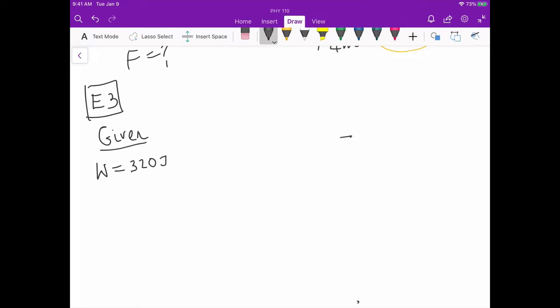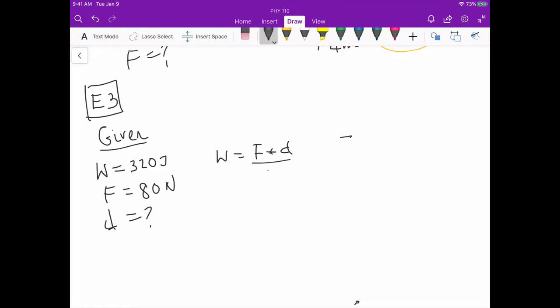To move, so the force applied, again the force is parallel to the distance. Now how much distance? Okay, so find the distance. Meters, because again work is equal to force times distance.